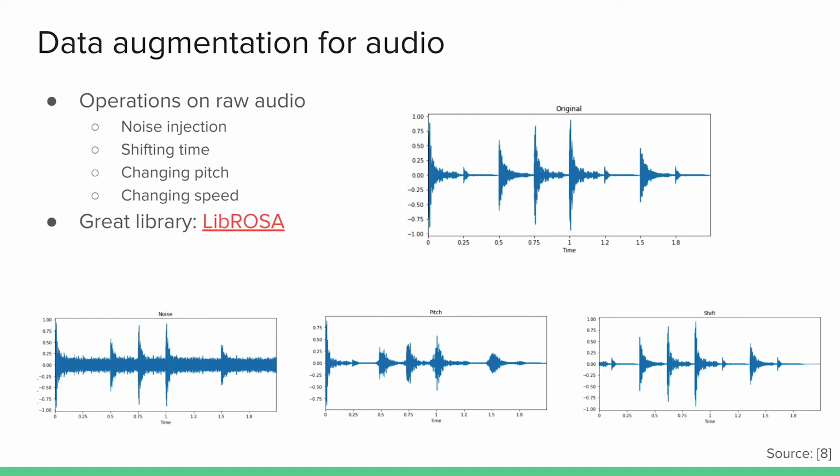And ideally, if I say a sentence slowly, or if I say it very fast, it shouldn't make a difference in whether you understand what I'm saying or not. There is a great library that enables you to do many of these augmentations. It's called librosa. Go check it out if you're working with audio.